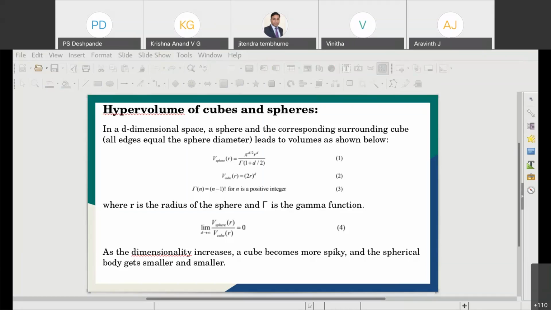Sir, the slides are not reflecting. We are still on hypervolume of cubes and spheres.